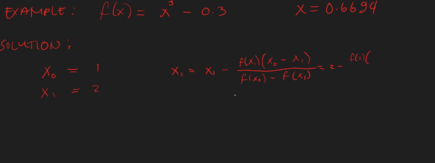Then we multiply this one with x0, which is 1, minus 2, x1, all over f of x0, which is f of 1, 1 cubed minus 0.3, minus f of x1, f of 2. So if you plug in now this one into your calculator, your answer will be around 0.9.